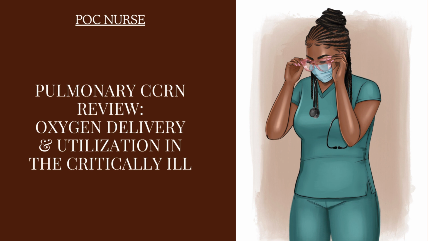Conditions that can cause decreased 2,3-DPG levels are hypothyroidism, hypophosphatemia, and a condition where someone's getting multiple blood transfusions. Things that can cause increased 2,3-DPG: hyperthyroidism, anemia, and chronic hypoxemia.